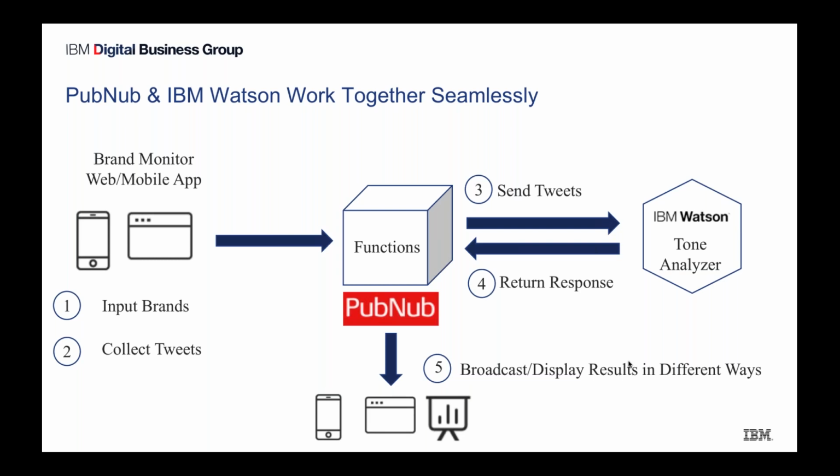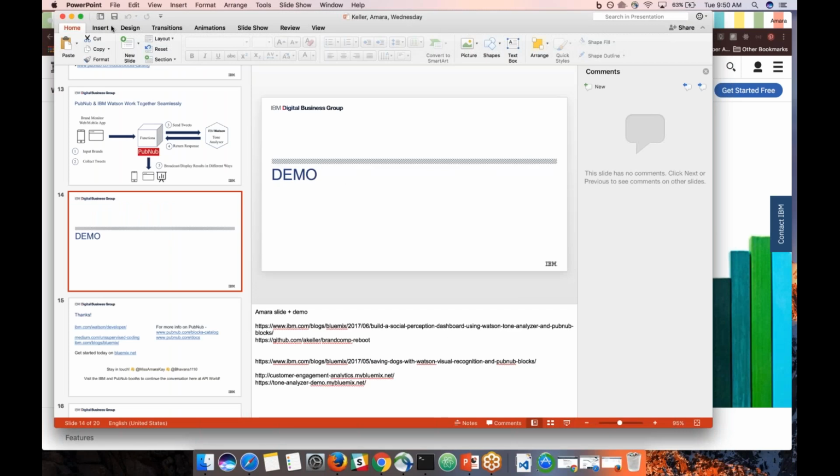Then we're going to have PubNub call our tone analyzer service to score those tweets, return a response, and then display or broadcast in different places. In this case, it's just running locally on my system, so the web application is going to show us a nice little graph of the scored results. So let me escape out of here.